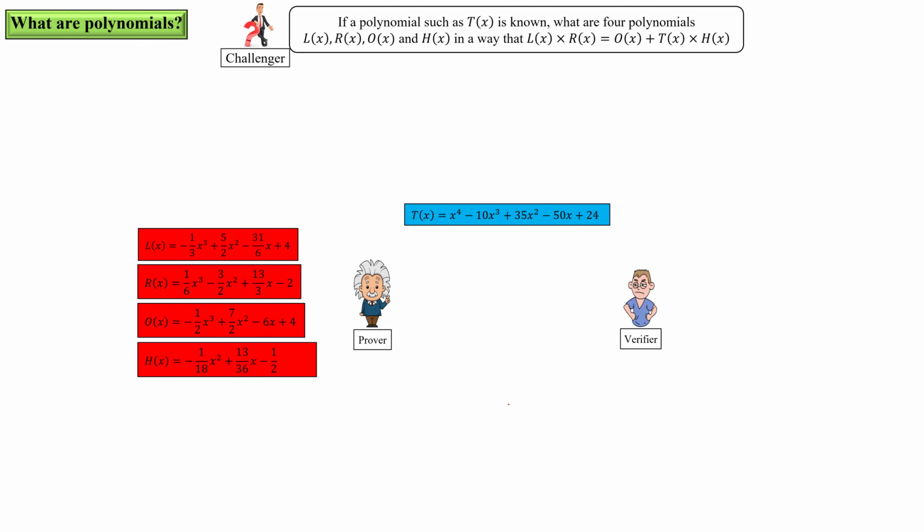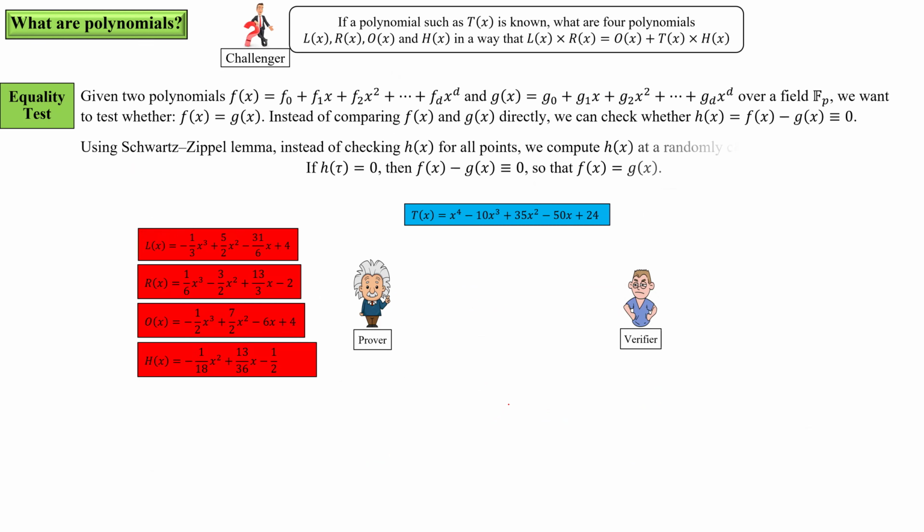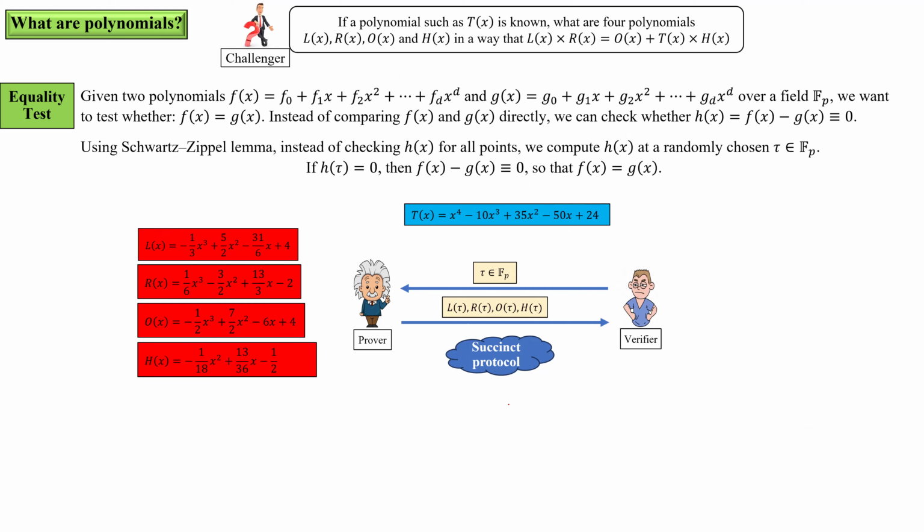But now the equality test says, why would you want to send four polynomials to the verifier? If you just ask the prover to pick a random value like tau, and then the prover sends L of tau, R of tau, O of tau, and H of tau to the verifier, then the verifier can use the equality test to make the evaluation process very efficient, right?